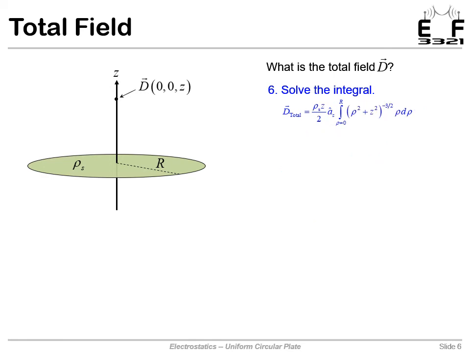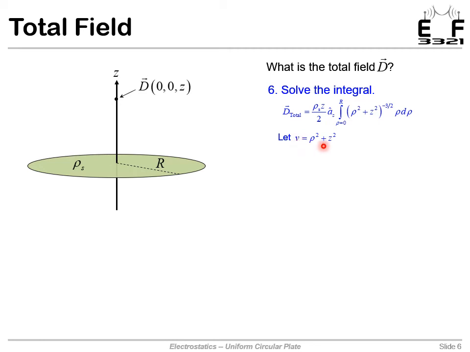What we'll do now is recognize that this expression here is what's making life difficult to perform the integration. So let's define an auxiliary variable v that's equal to rho squared plus z squared. We would like to convert this integral, rather than integrate over rho, to integrate over v.